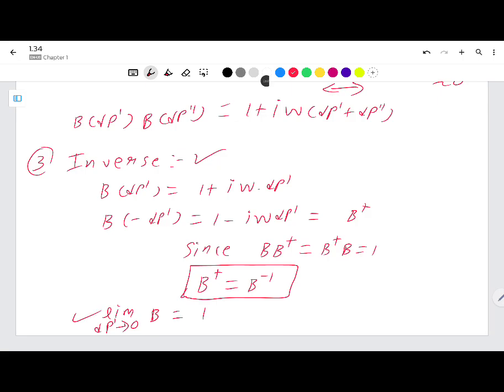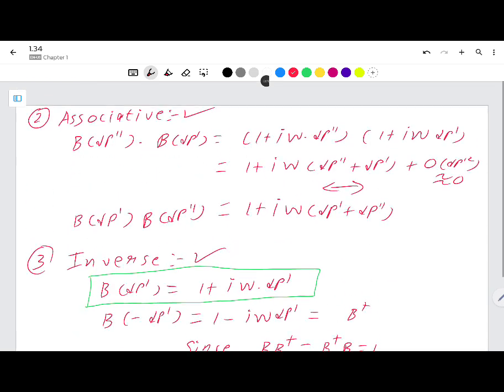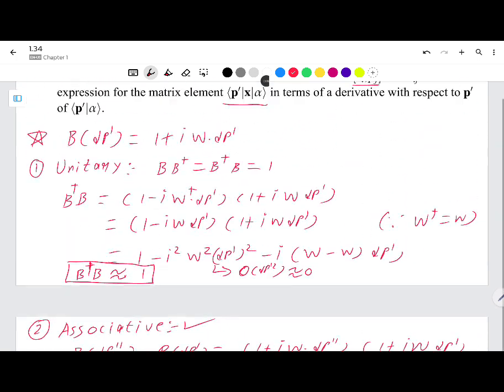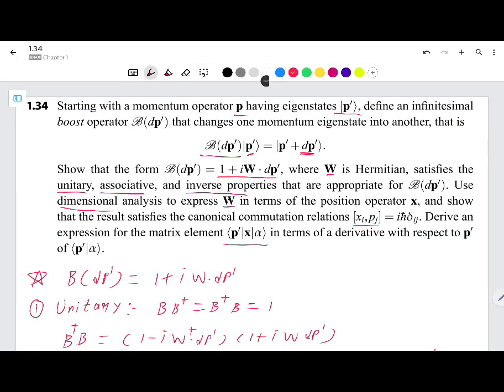So our definition of such an operator seems to be meaningful in the sense that we have previously demanded for the momentum operator. Okay, so what is next? So we have proven all these properties, and now we have to use dimensional analysis to express W in terms of the position operator.